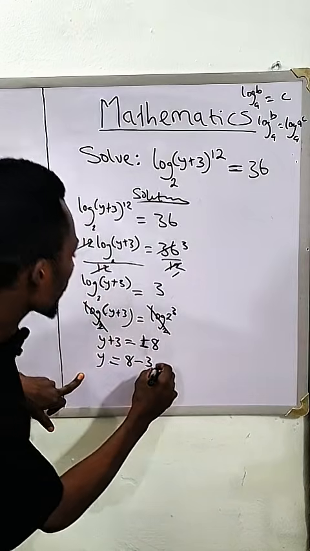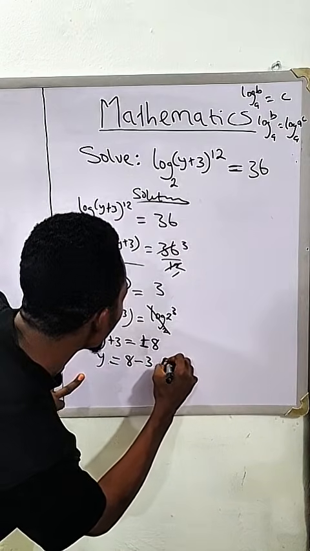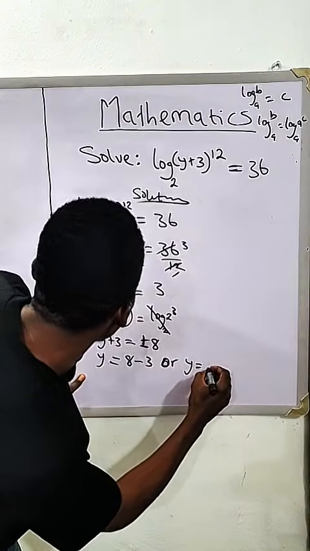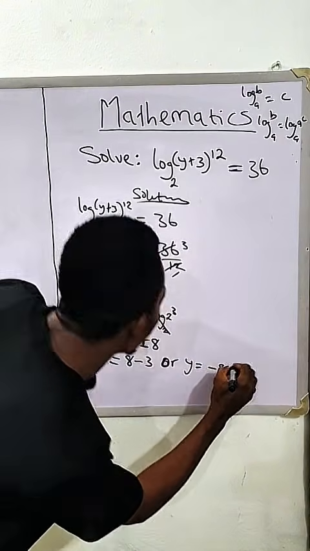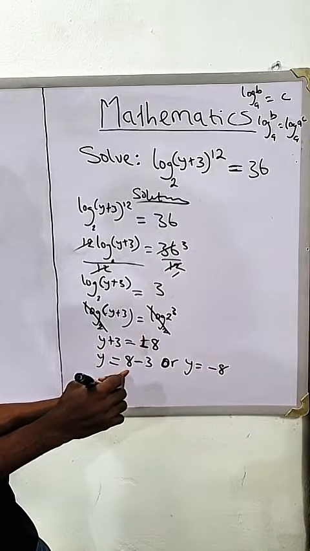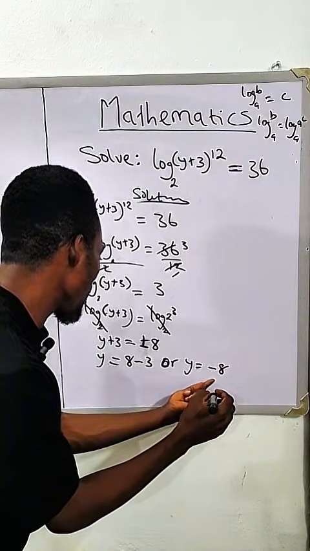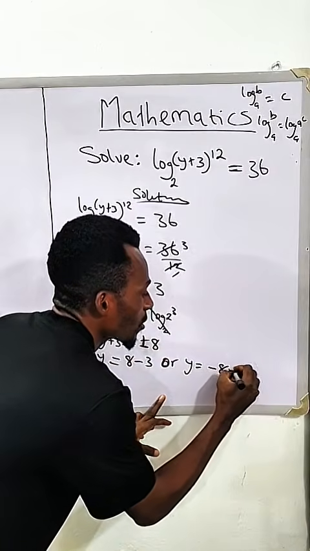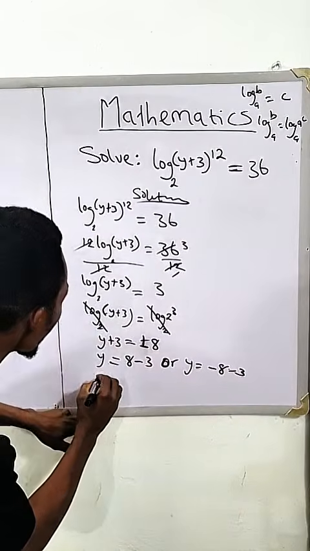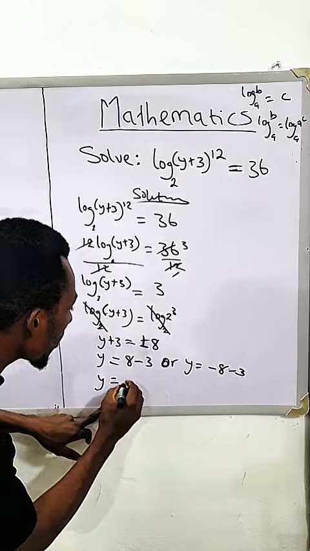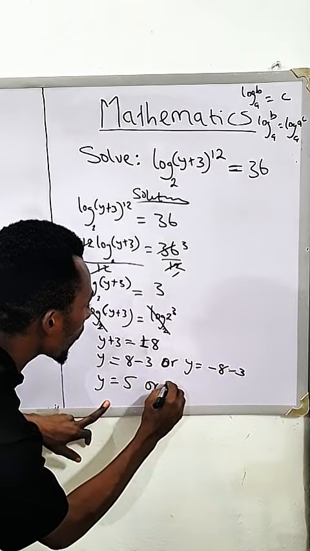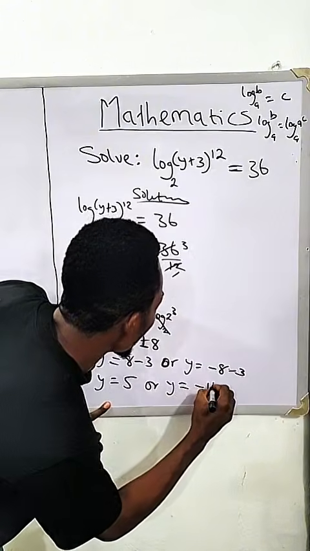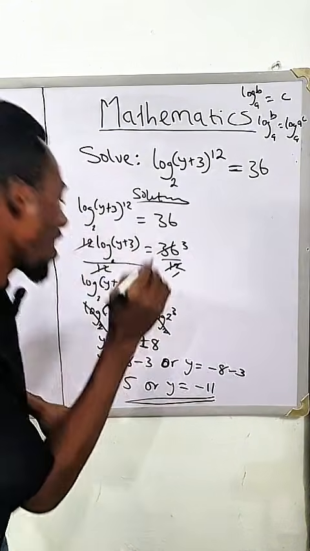Or y is equal to minus 8, if you have taken the plus, this is the minus, and again the plus 3 crosses and becomes minus 3. That means our y is equal to 8 minus 3, which is 5. Or y equals minus 8 minus 3, which equals minus 11. As simple as that.